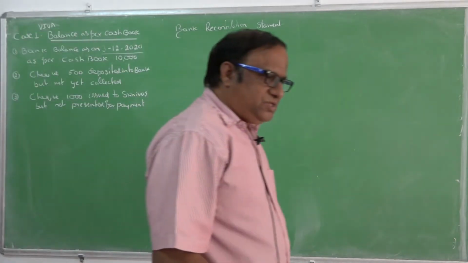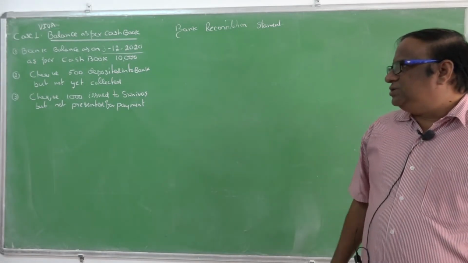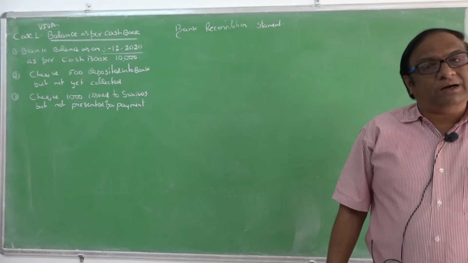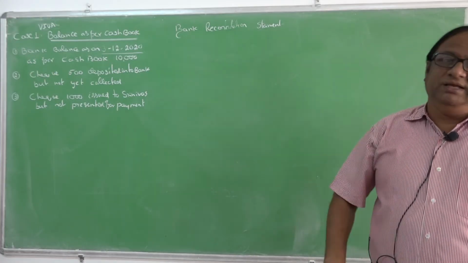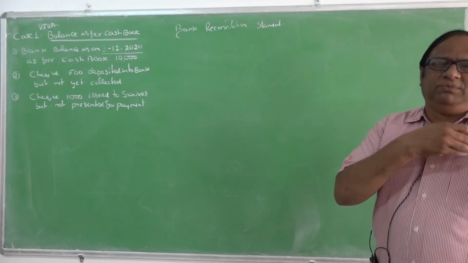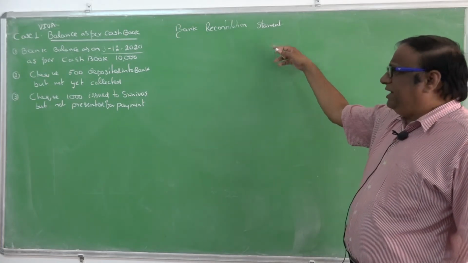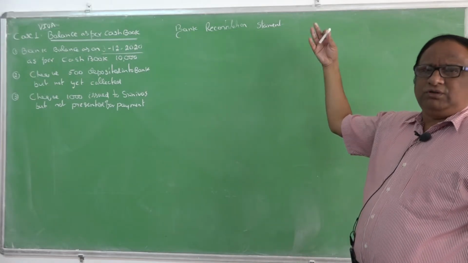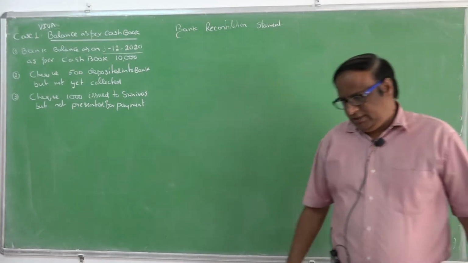Now we have given a check, but Srinivas does not go to the bank. So the check was issued to Srinivas but not presented for payment. Srinivas has not deposited it in his bank. He kept the check in his pocket. He may send it to the bank on a later day, the 4th or 5th, but we are balancing on a single day, that is the 3rd.